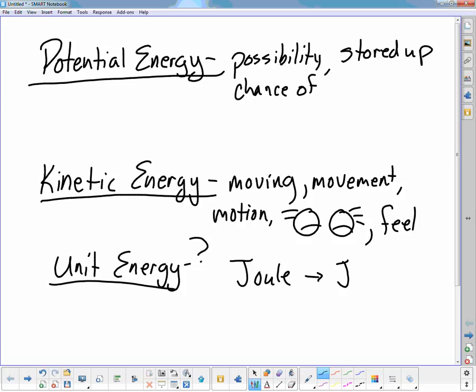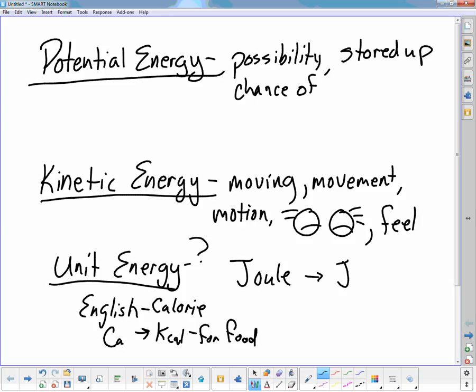In the English system, you would probably know it as a calorie. And when you think of calories in food, it's actually a kilocalorie. So you're actually thinking a kilocalorie for food, but they call it a calorie, and they usually write it with a capital C. But in the SI unit, which is System International, which is metric, we use a joule.